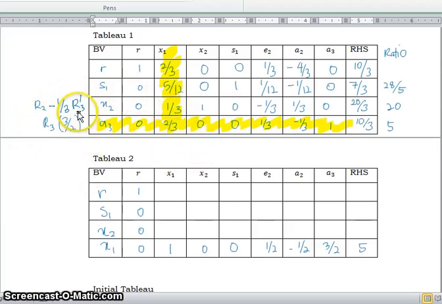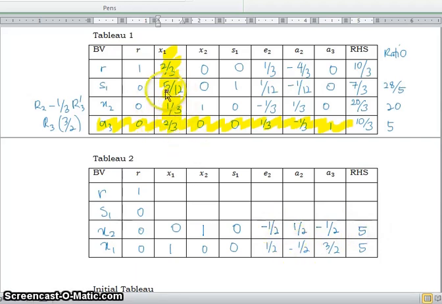Using this ERO, we get the coefficient for every variable in row 2: x1 is 0, x2 is 1, s1 is 0, e2 is negative 1 over 2, A2 is 1 over 2, A3 is negative 1 over 2 and the right hand side is 5.